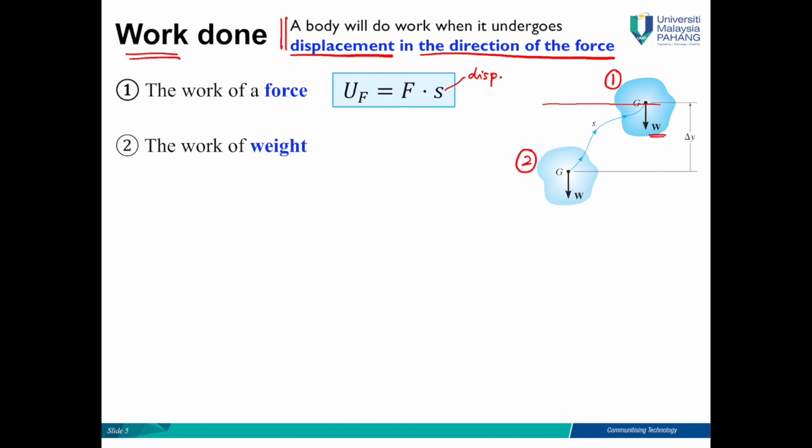This is calculated using this formula: minus weight multiplied by delta y. What is delta y here? It is the change of height through which the rigid body has traveled. So that is the work done by the weight.